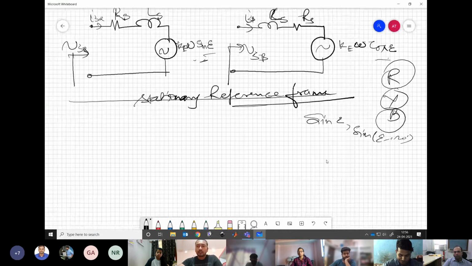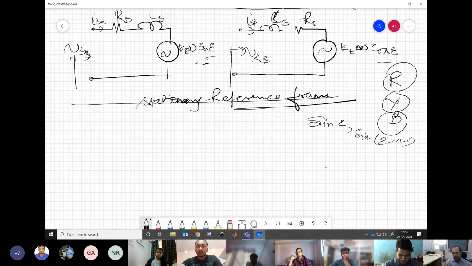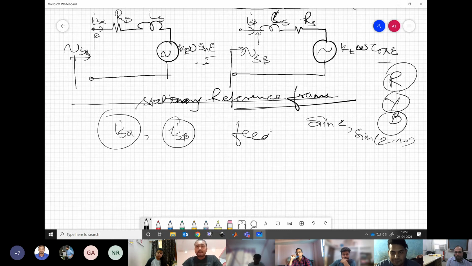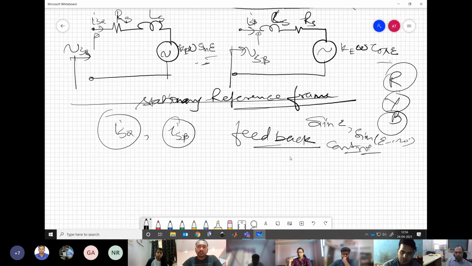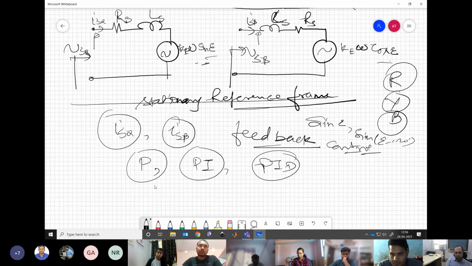Now, because we have this aim in mind to control these quantities Is alpha, Is beta through some kind of feedback control, which we have learned for the DC motor, using our traditional controllers P, PI or PID. The general understanding is that these controllers are more suitable for DC quantities.